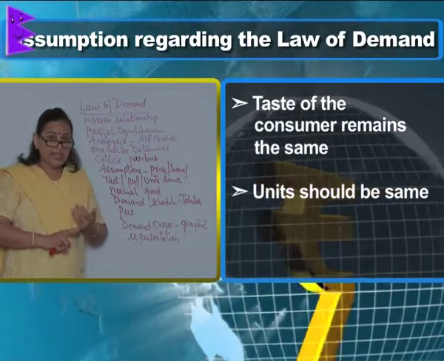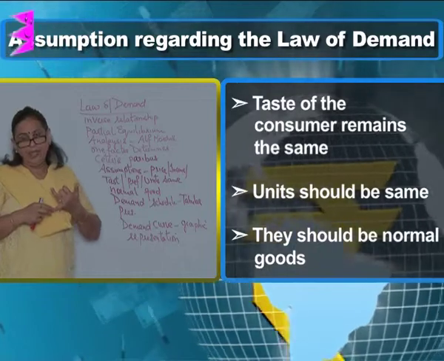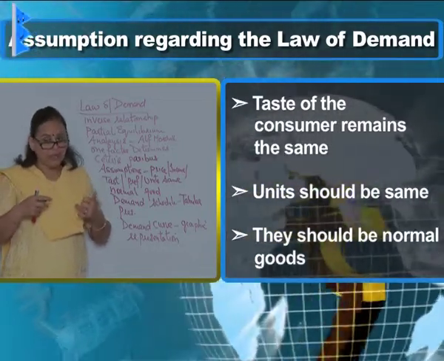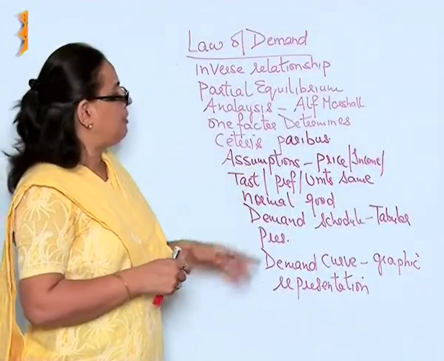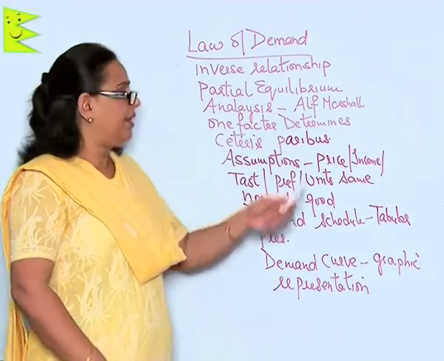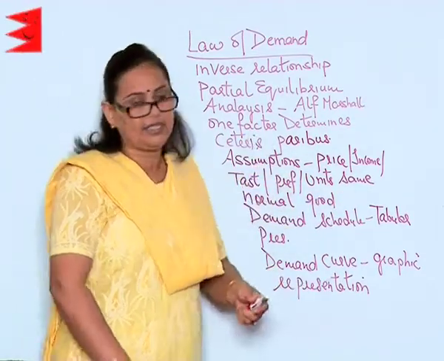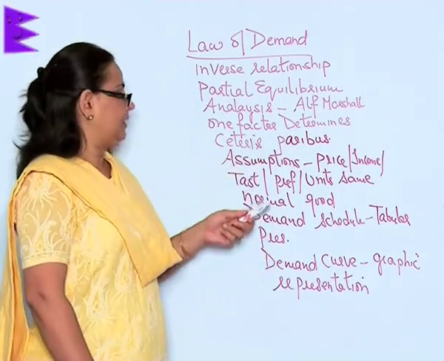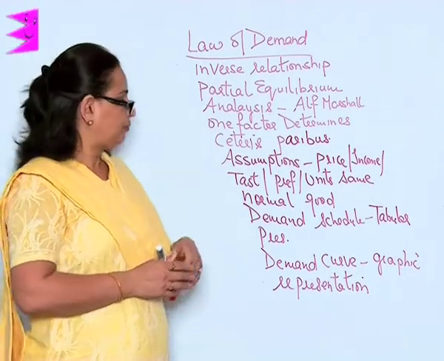And of course, they should be normal goods. They should not be Giffen goods or other goods which I am going to talk about in the chapter. So remember, the assumptions of the law of demand are that price, income, taste and preferences and units consumed remain the same, and it is based on normal goods.